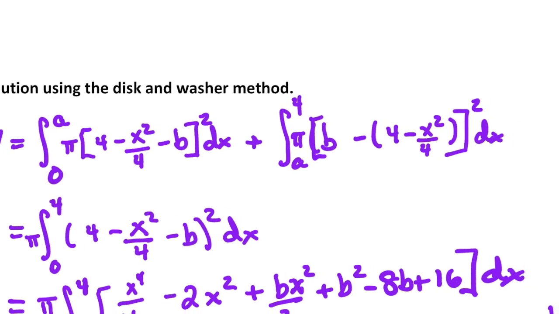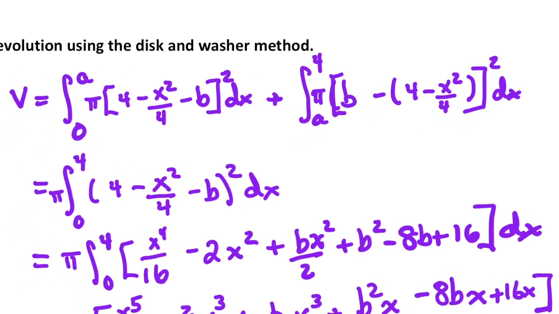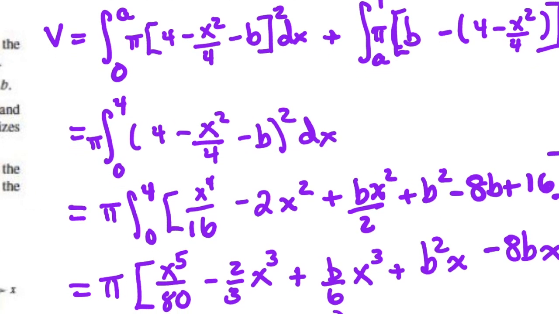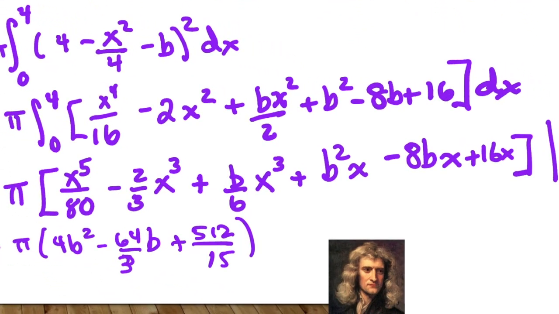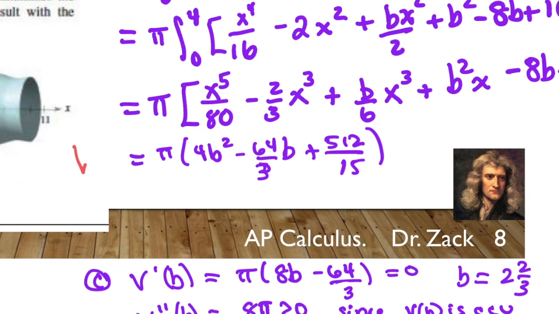You have the first part, in which you're subtracting b, and in the second part, you're doing b minus the 4 minus x squared over 4. But because these are both squared, you can integrate from 0 to 4 with this function. Multiply it out, which is totally annoying, but you can do that, and then integrate. And once you integrate, you have the volume expression with respect to b.